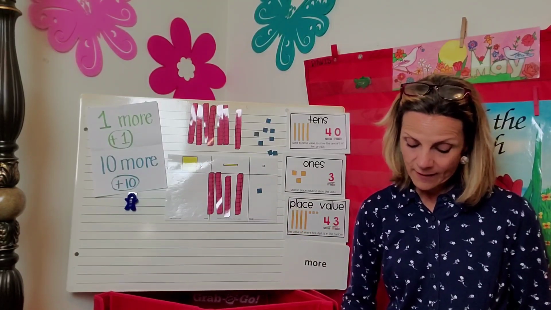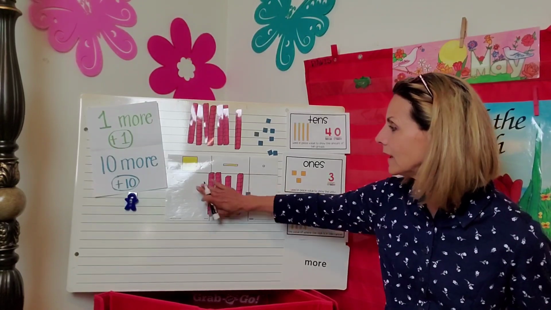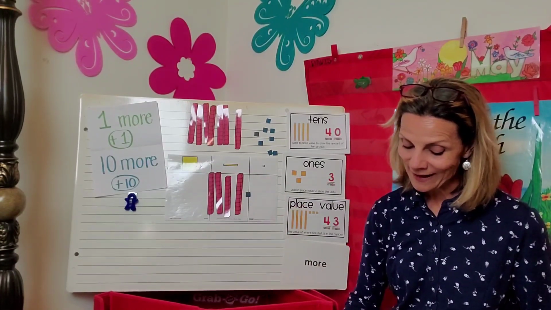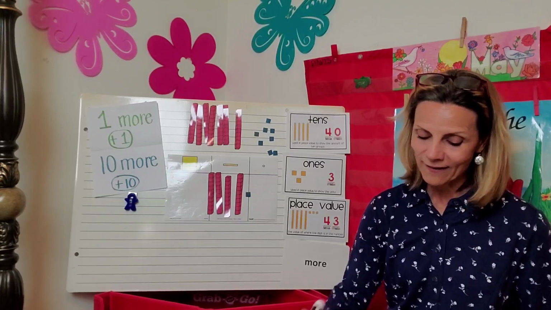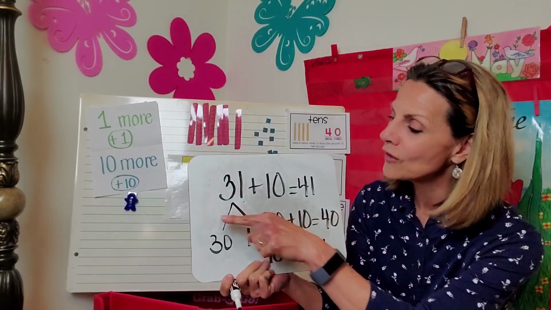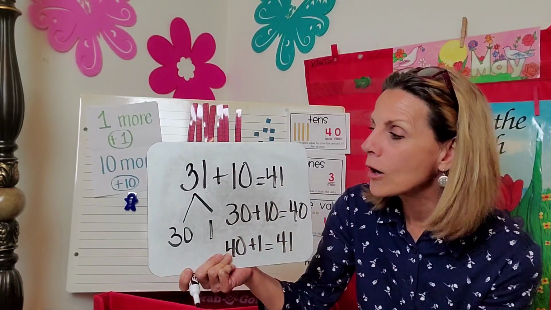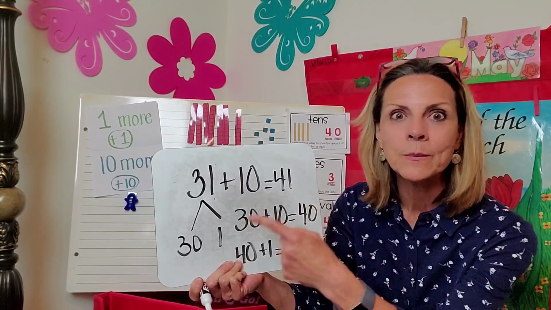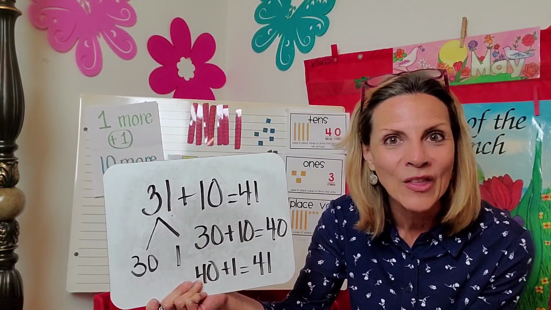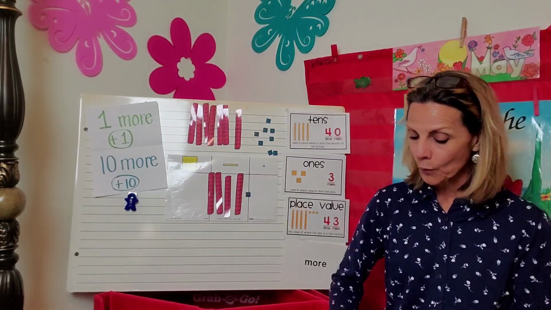And then I'm going to pull my 40 and my 1 together to get 41. And then I can solve the top equation also by breaking apart our whole number and adding 10s with 10s and 1s with 1s, and then pulling those 10s and 1s back together. We have a really great strategy going for us.